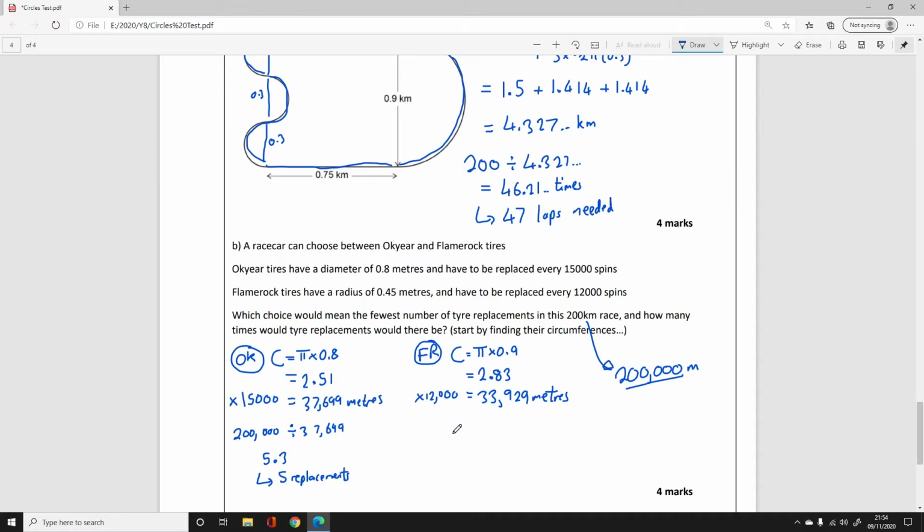Whereas the Flame Rock ones, we want to do 200,000 divided by 33,929. And that's going to be 5.89. So again, that would only need 5 replacements.